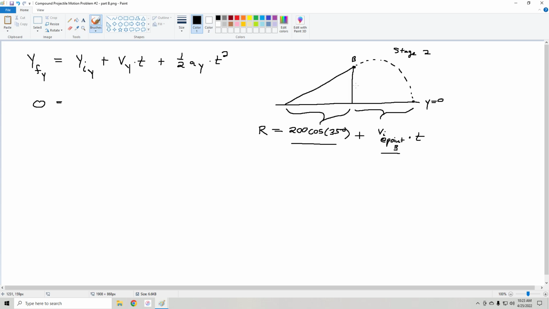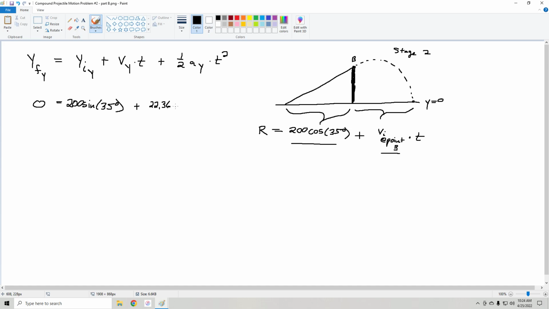Well, that's up here, that's this distance, the vertical portion of the inclined plane, 200 sine 35 degrees, plus the y component of the velocity at point B, which is 22.36.